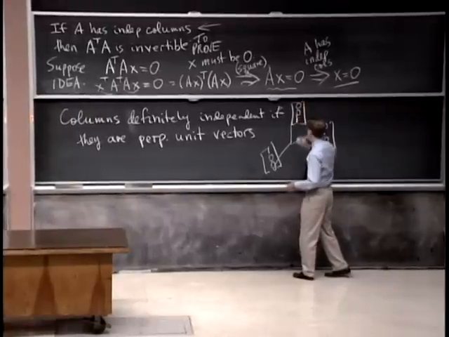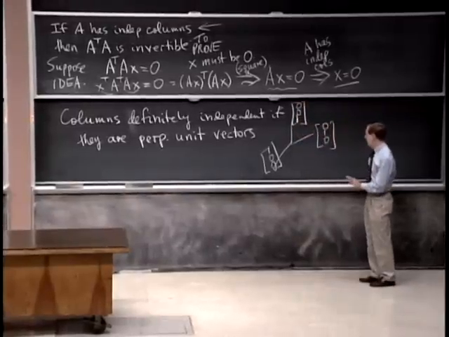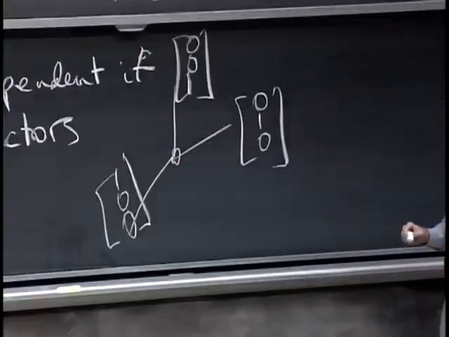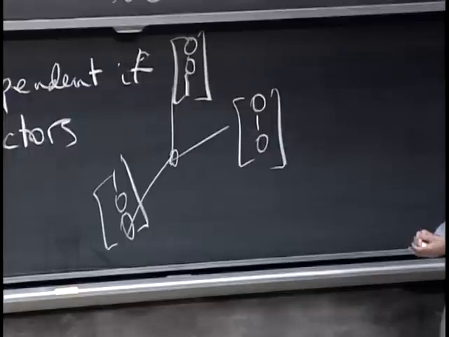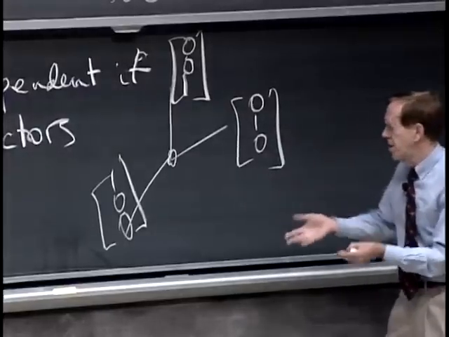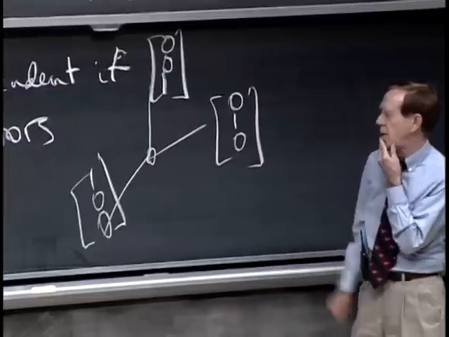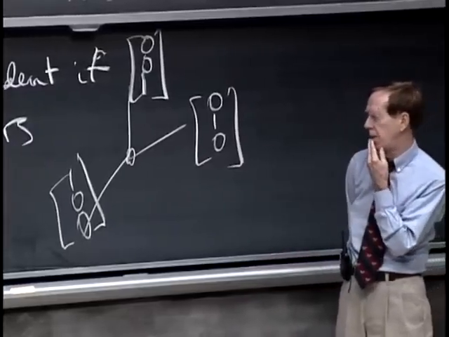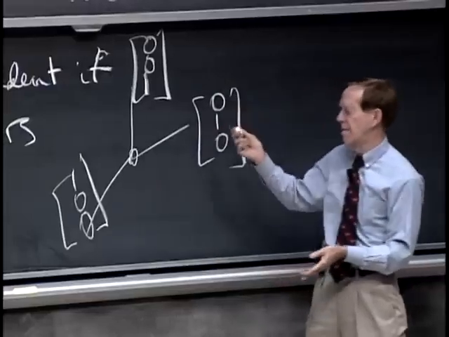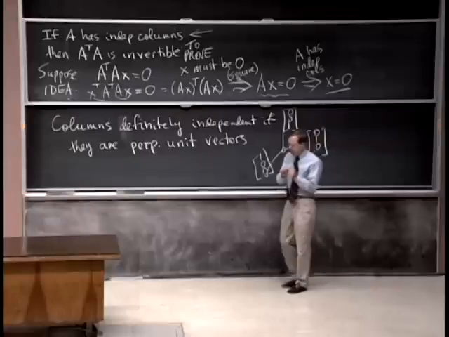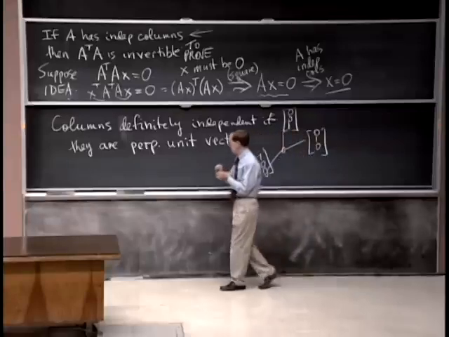Those vectors are unit vectors. They're perpendicular, and they certainly are independent. And what's more, that's so nice. What is A transpose A for the matrix with these three columns? It's the identity. So here's the key to the lecture that's coming.